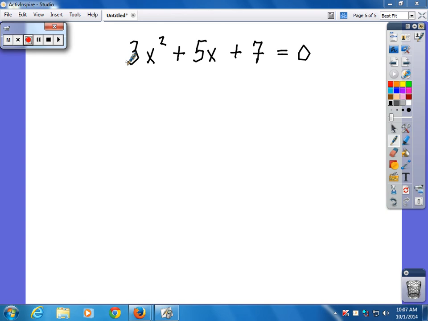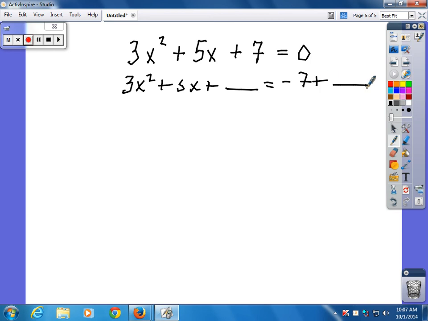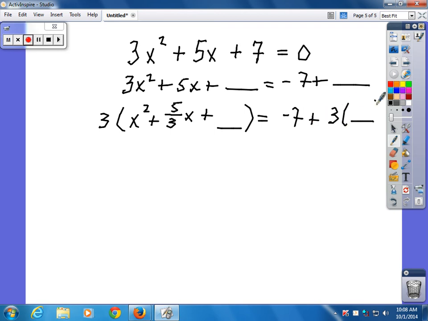So 3x squared plus 5x plus blank is equal to -7 plus blank. Factor out the 3: x squared plus 5/3 x plus blank is equal to -7 plus 3 times blank.